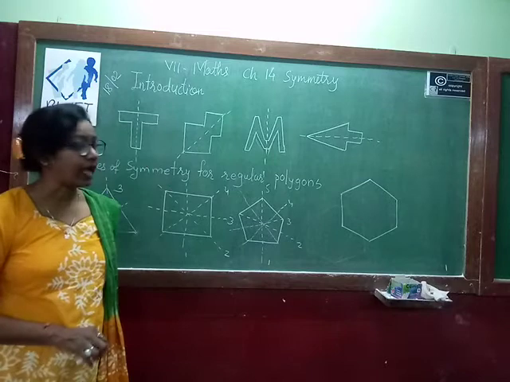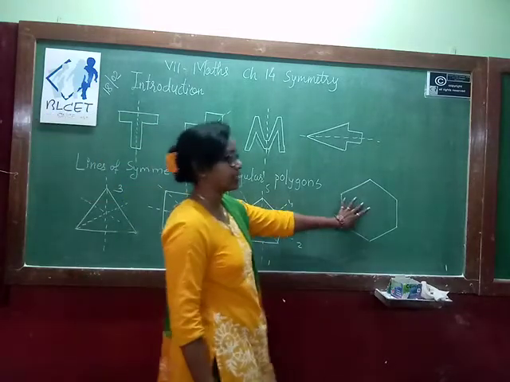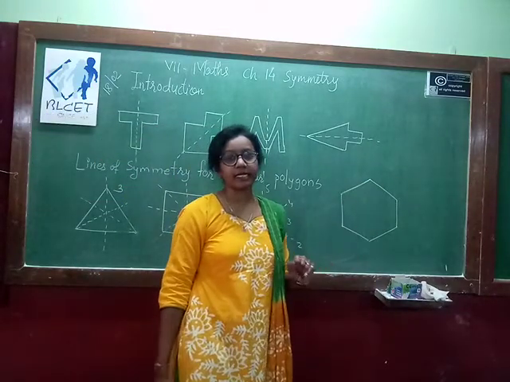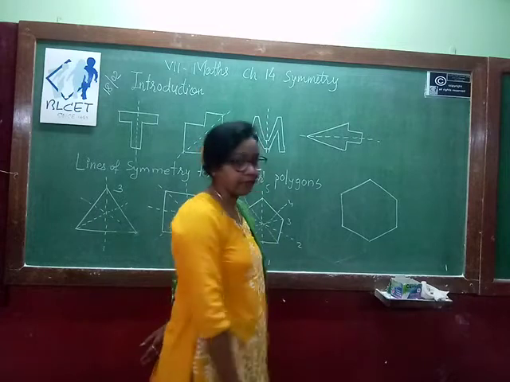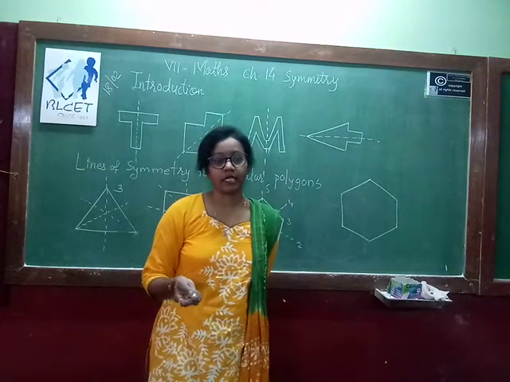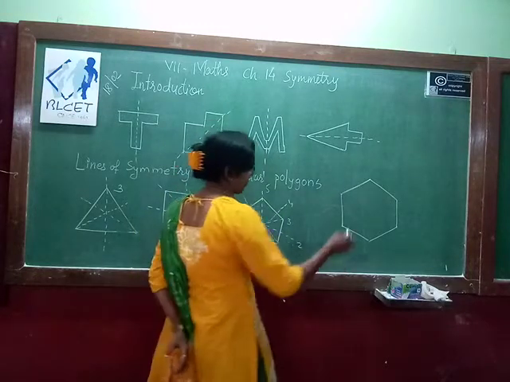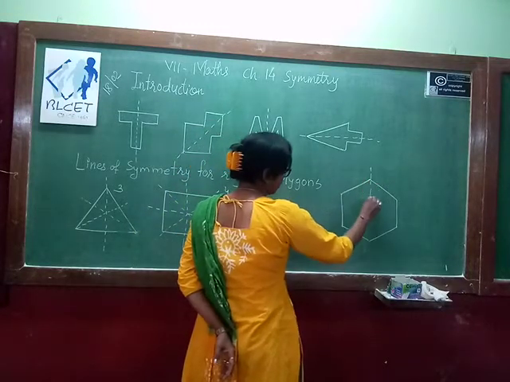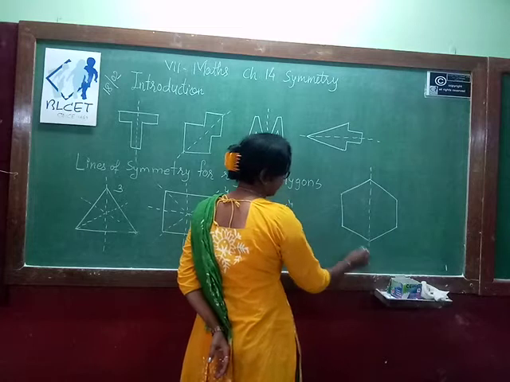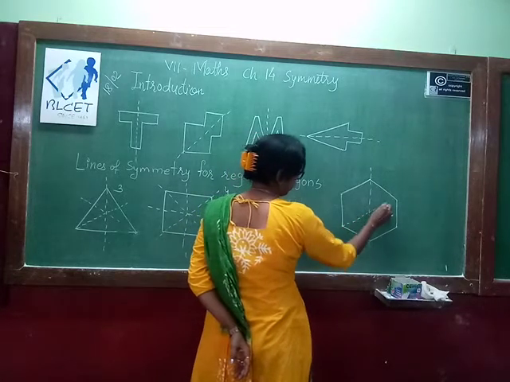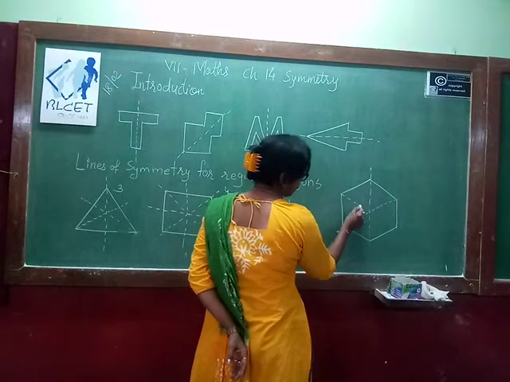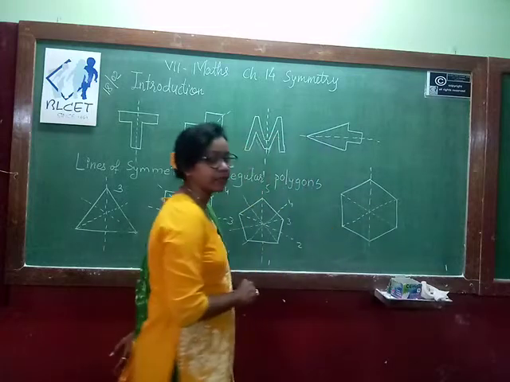Next we have the hexagon. A hexagon has 6 line segments, and all the line segments have the same measurement. So how many lines of symmetry do we get? Obviously 6 lines of symmetry. Same way, we join the opposite vertices: 1 line of symmetry, 2nd line of symmetry, and this one is your 3rd line of symmetry.